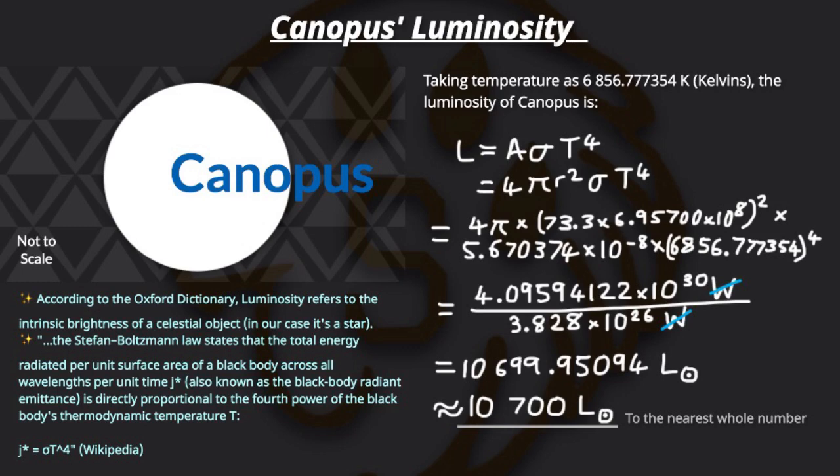So we have, according to the Oxford Dictionary, that luminosity refers to the intrinsic brightness of a celestial object. Basically, we're just looking at the natural brightness, what it radiates into space, just to light up what's around it. Just the radiation of the light that comes from Canopus is what we're looking at, the luminosity, the brightness of the light, exactly that natural brightness.